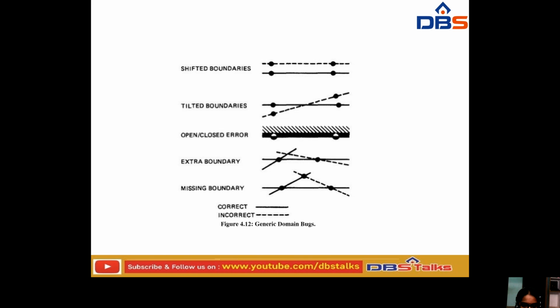Now let us see what is the missing boundary here. If you have drawn like this and you are not able to find the other boundary, then we can say it is a missing boundary. So these are the generic domain bugs that we are going to find while we perform domain testing.